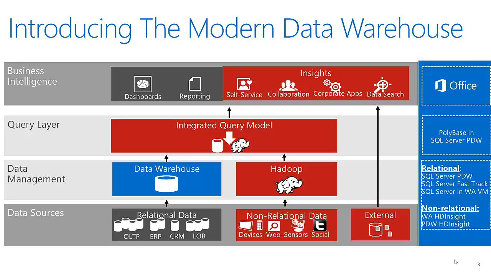Hadoop data looks like any relational table in your data warehouse, and when you query that data, PolyBase will create the MapReduce process and query the data directly from the Hadoop data nodes, which are storing the data. So for instance, if there are like 50 data nodes in your Hadoop cluster, PolyBase will fetch the data in parallel from all these data nodes and process it very fast, and then you can read the data through the PolyBase tables.